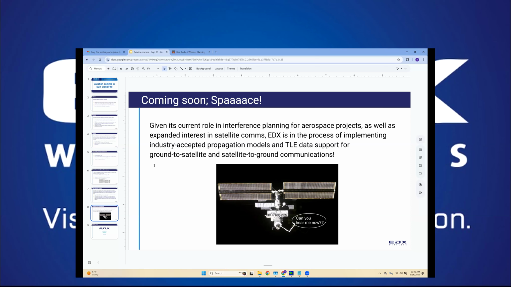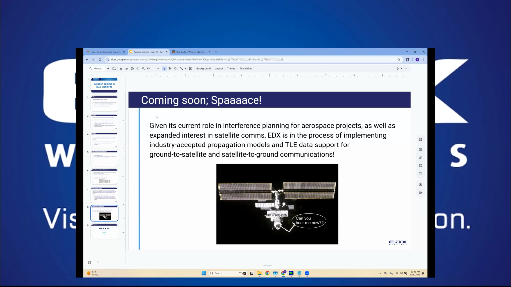The two major features that we're implementing are the appropriate ITU-R propagation model for Earth to orbit link budgeting, and that'll include low Earth orbit and geostationary orbit. It'll be the right propagation model for any of these orbital levels.